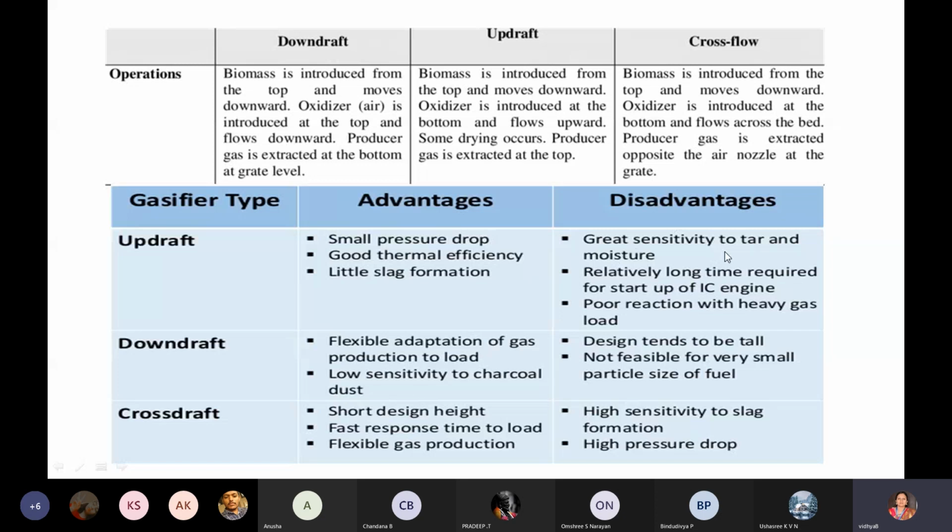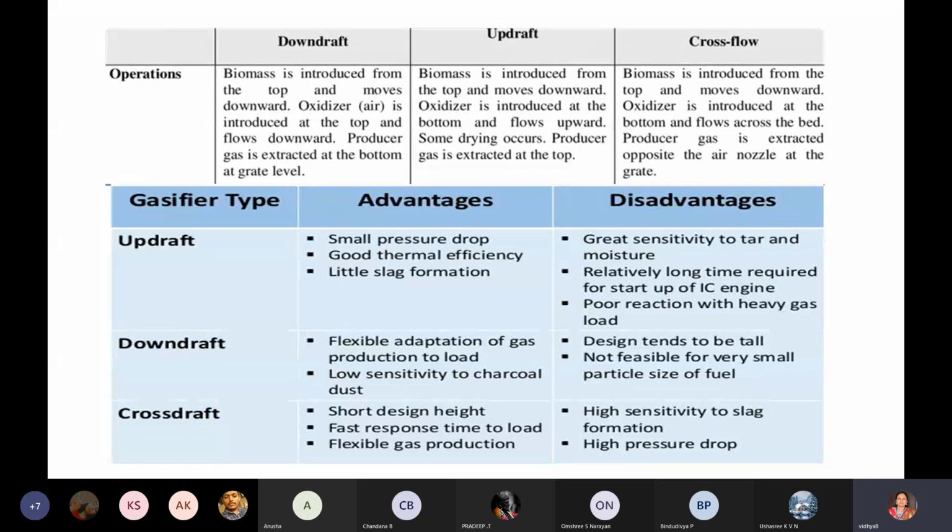Great sensitivity to tar and moisture. In updraft, it is very sensitive to tar and moisture. It also requires a relatively long time for startup of the internal combustion engine and has poor reaction with heavy gas load. These are the advantages and disadvantages of updraft.